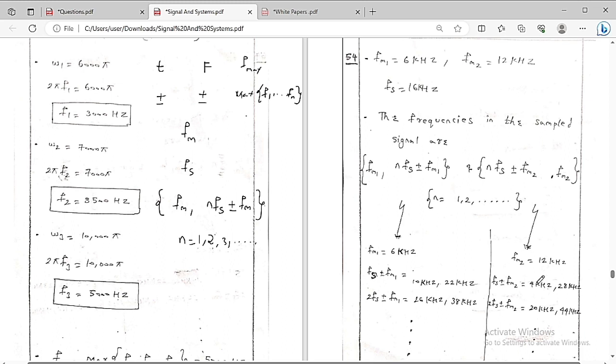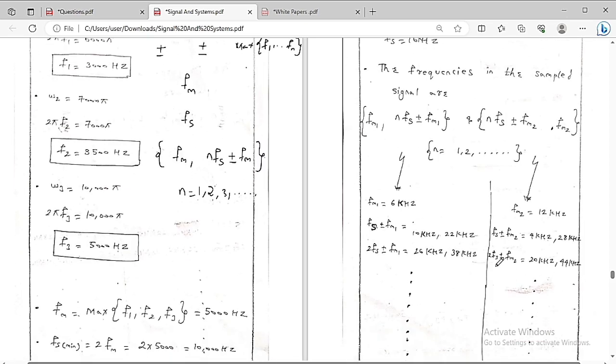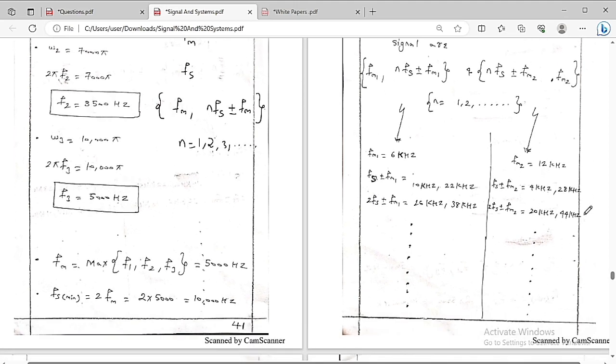Subtraction gives 4 kilohertz, and addition gives 28 kilohertz. If N is equal to 2, we get 2 Fs plus or minus FM2. Subtraction gives 20 kilohertz, and addition gives 44 kilohertz. And this will go on. So all these frequencies are going to be present in the sampled signal.